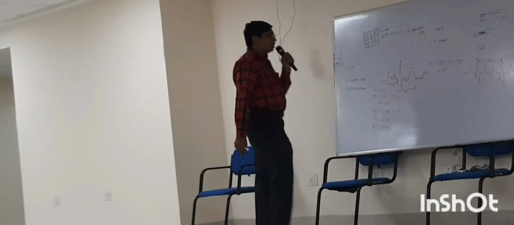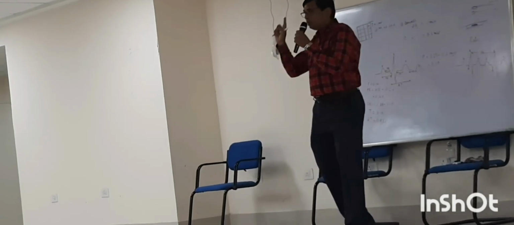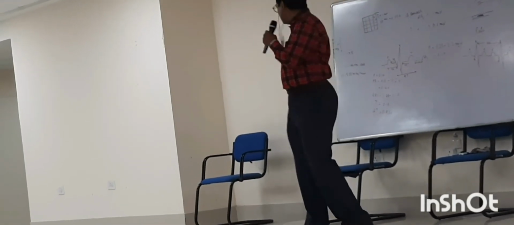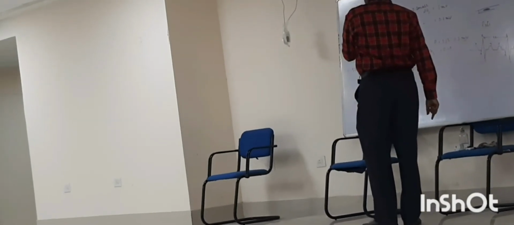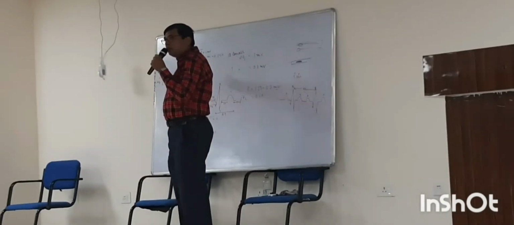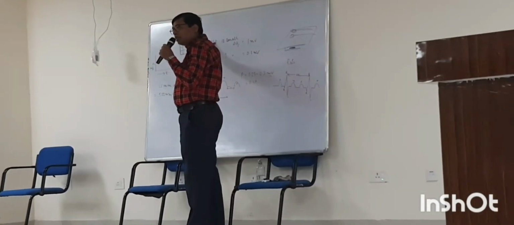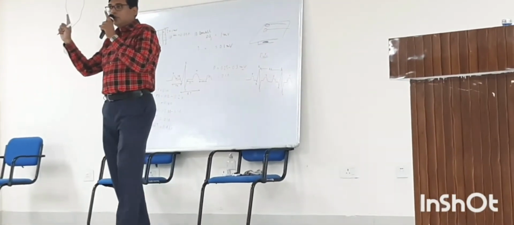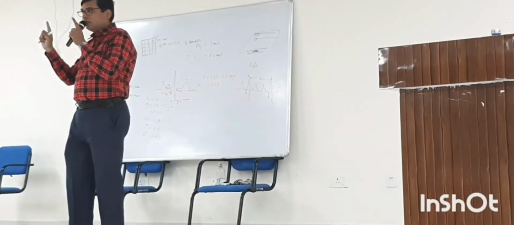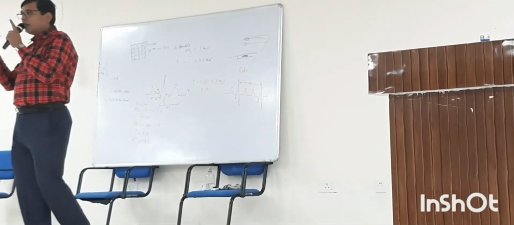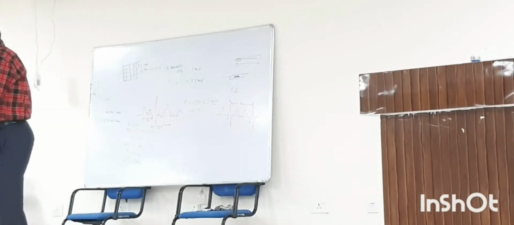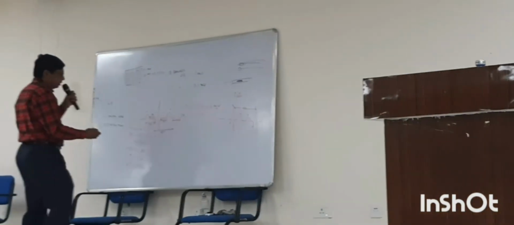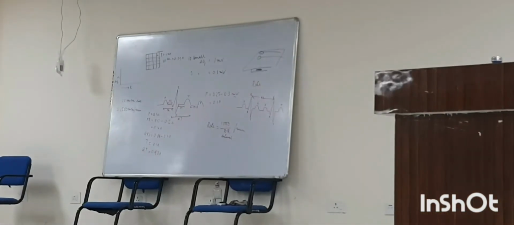You can count the small squares between the RR waves. Each small square is 0.04 seconds and each small square is 1 millimeter.